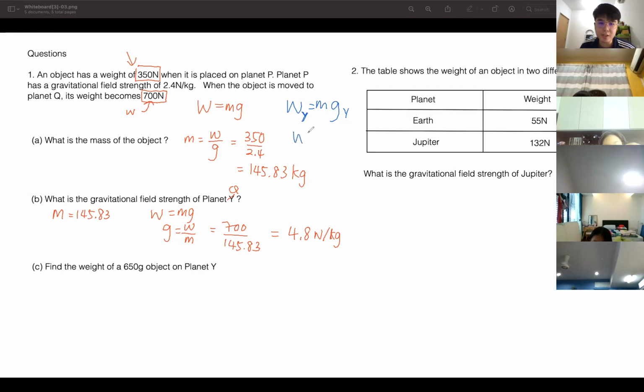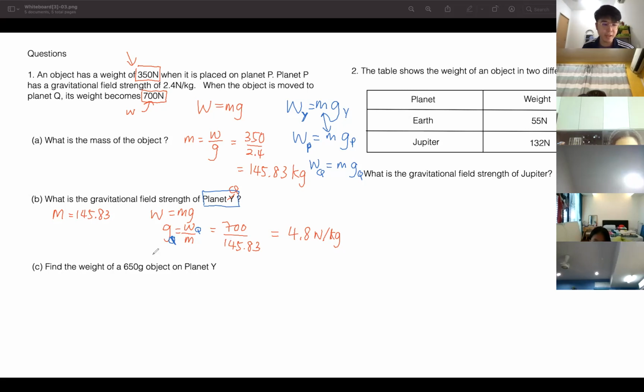If you want to find the g of planet P, then you must take the weight on planet P. So for example, this one B, the gravitational field strength of planet Q, I take the weight at Q, so 700.